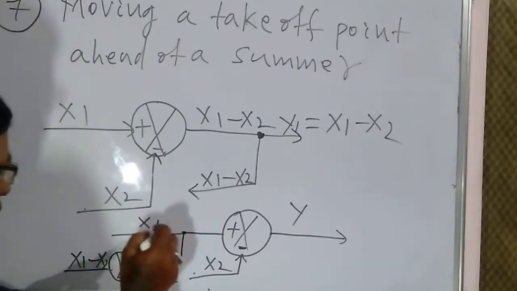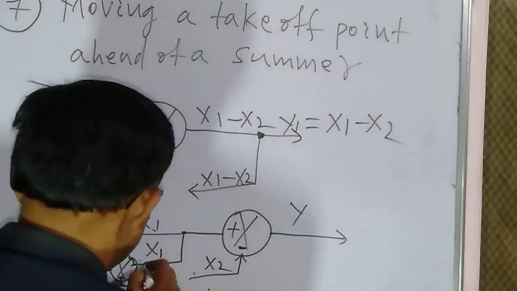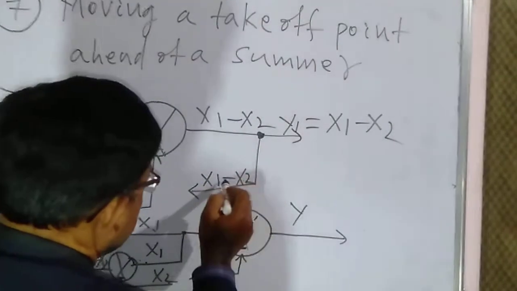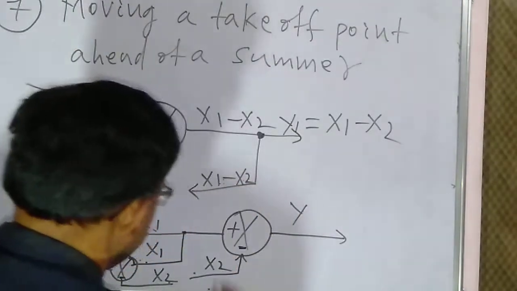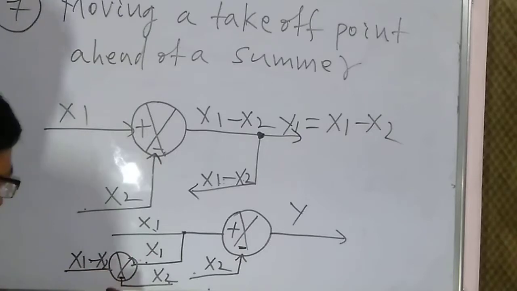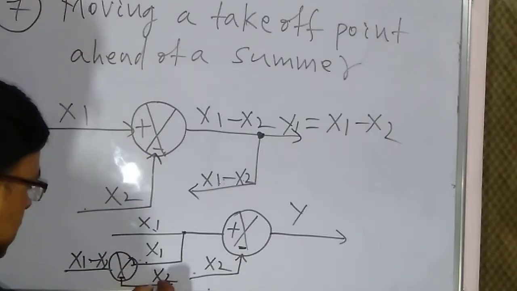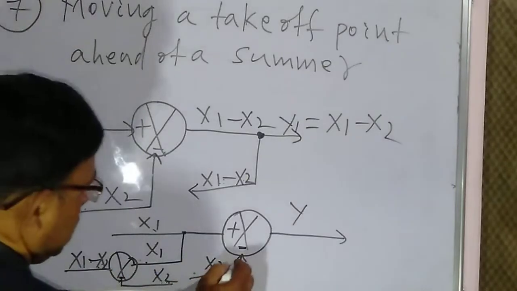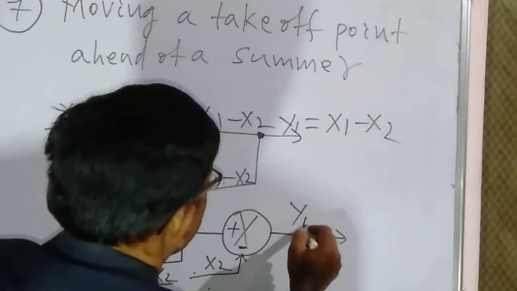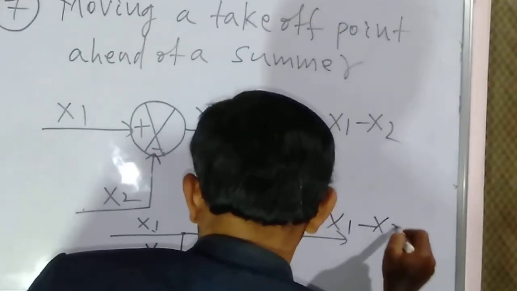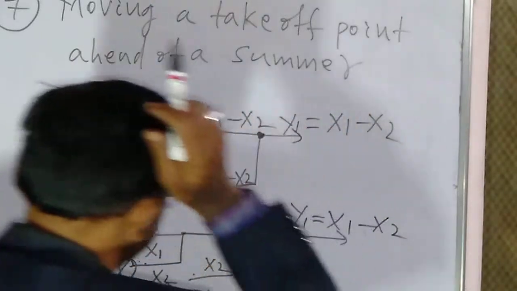This signal x1 is coming, but previously at this takeoff point the signal was x1 minus x2. Therefore to make the x1 minus x2 signal, another signal will be connected here, that is x1 minus x2.